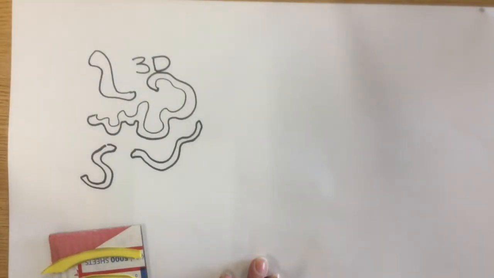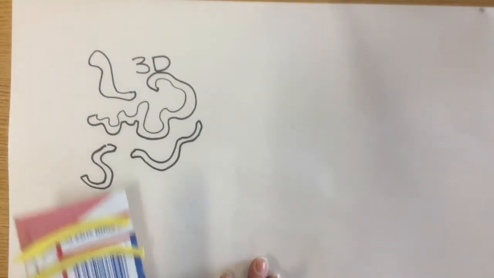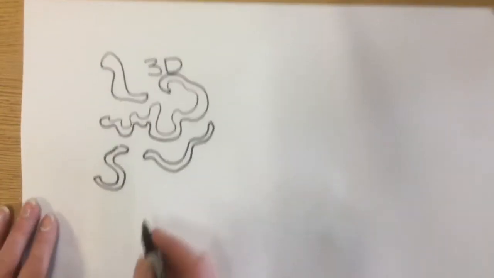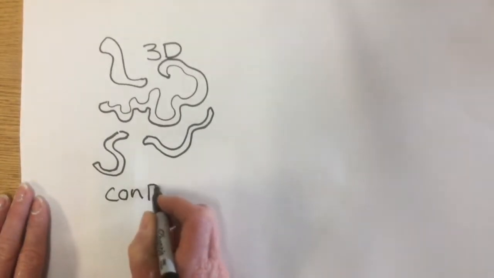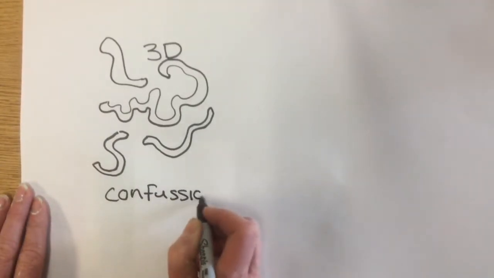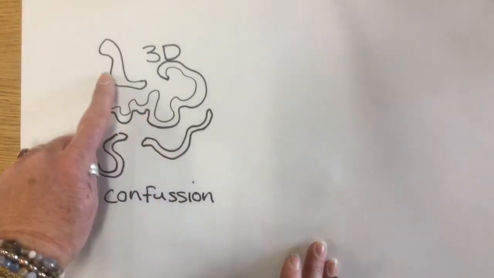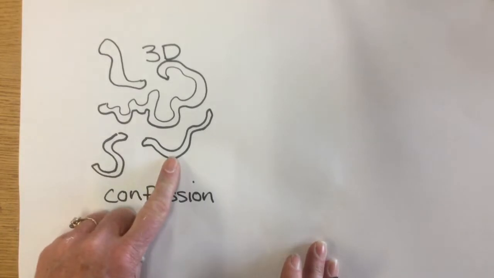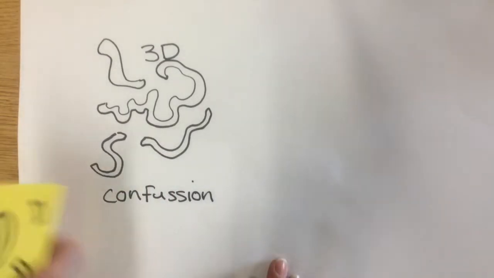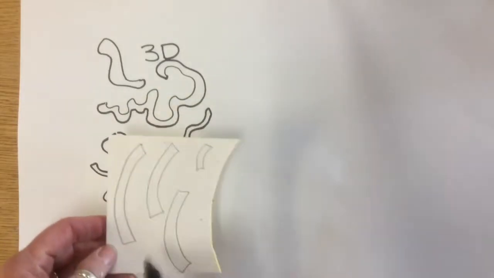So your first step is to pick which word you want to create into a stamp. I chose confusion. That's the word I chose. These are the shapes that my lines turned into. So the next step is for me to take my foam and draw those shapes on it.